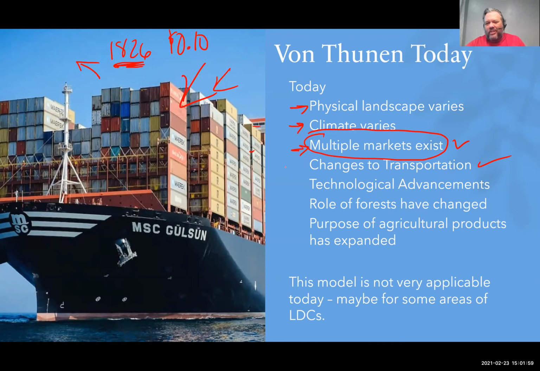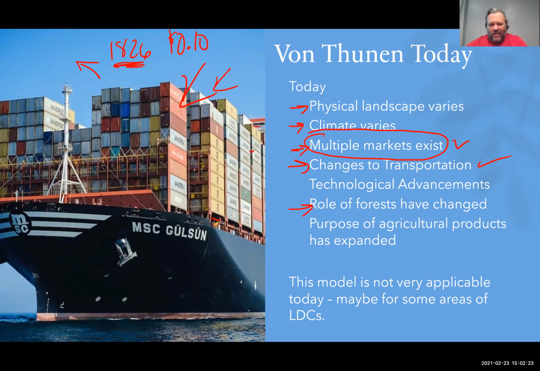So changes in transportation cost is not the same big issue that it was. It's still something to consider, but it costs more to get that shirt from Bangladesh to the U.S. than it does to get that shirt from the post office to me, in Tucson.